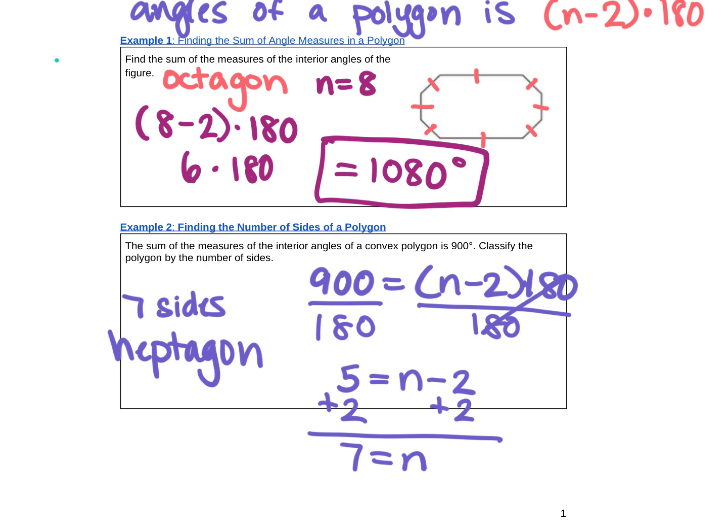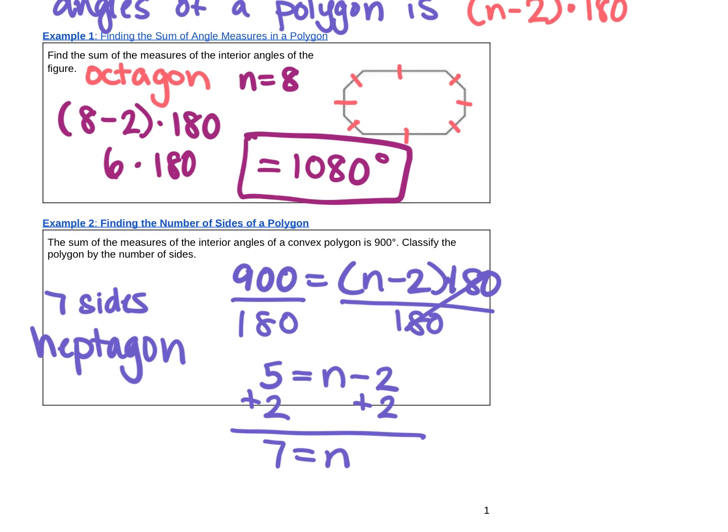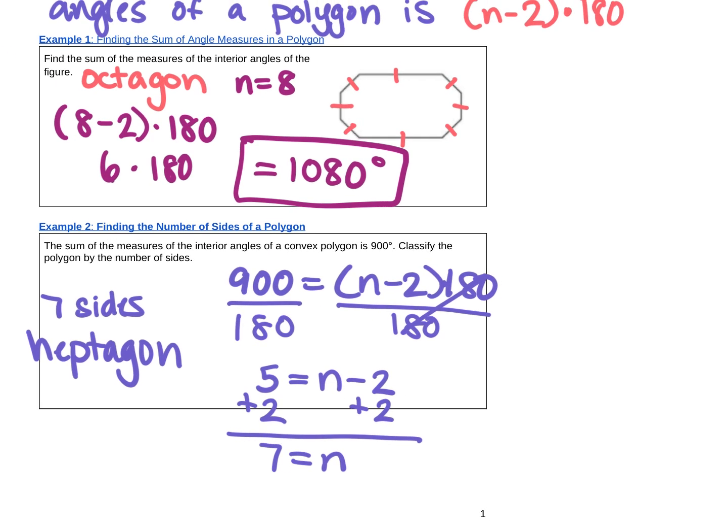Heptagon. We got to remember all of our gons. So remember, a triangle is our three-sided figure. Then we have a quadrilateral, which is our four-sided.